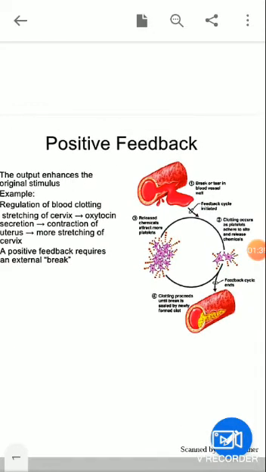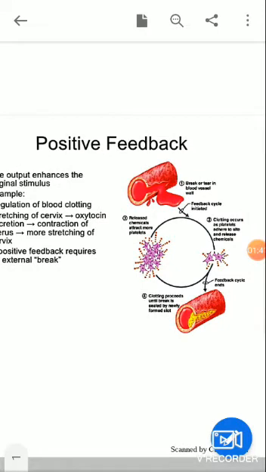So let's discuss how the regulation of blood clotting becomes a positive feedback system.